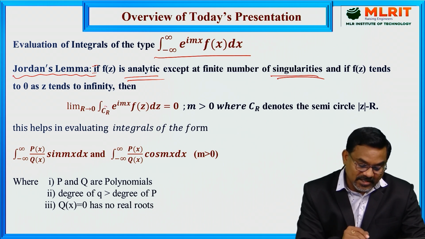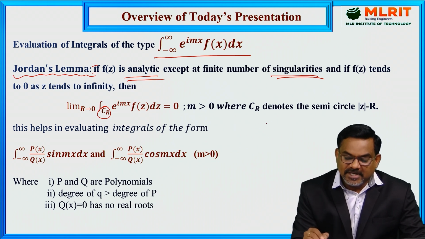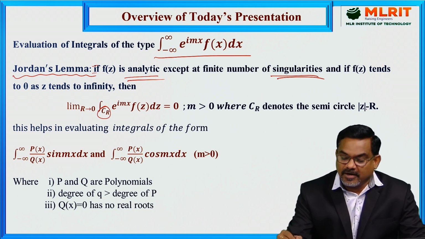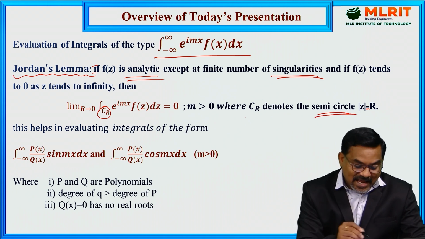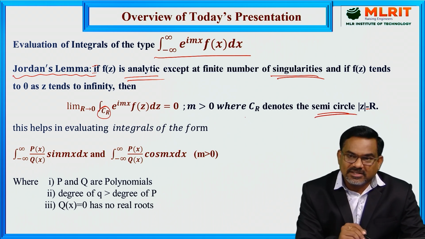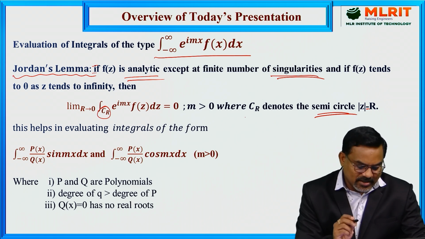Here CR is the semicircle mod z equal to R. So the line integral along this semicircle becomes 0, that vanishes. That is Jordan's lemma.